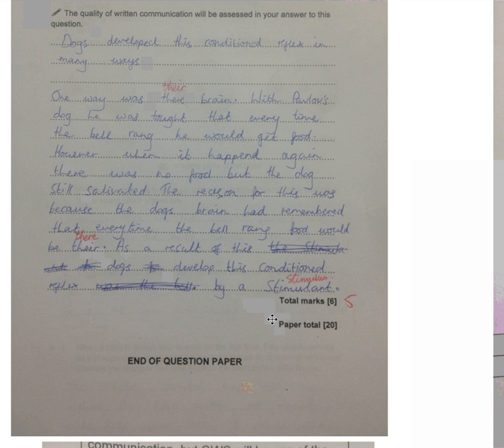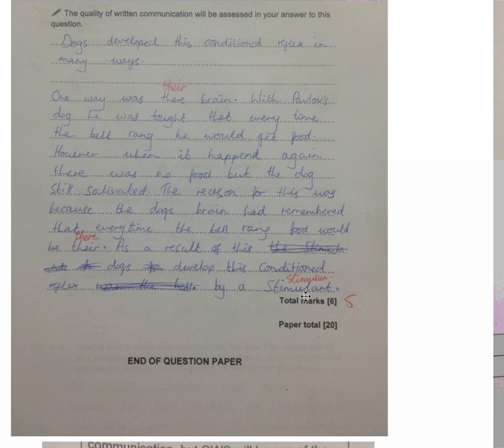Another example of spelling is this word here. So we're talking about "develop this conditioned reflex by a stimulant." Now, we've just used the word stimulant in the wrong way. In this situation, a stimulant is an example of a drug that makes you more alert or more aware.